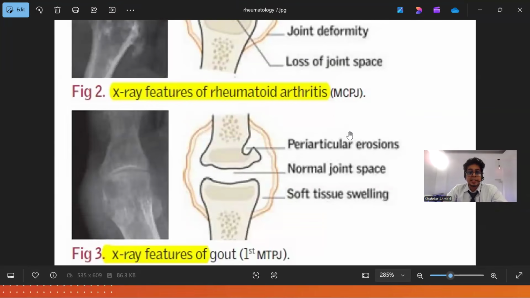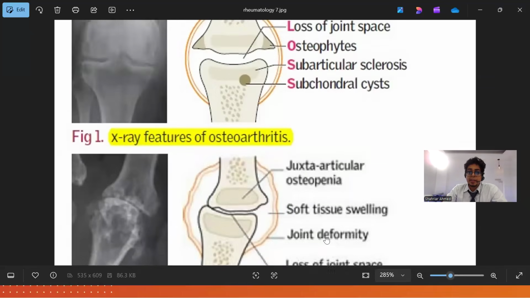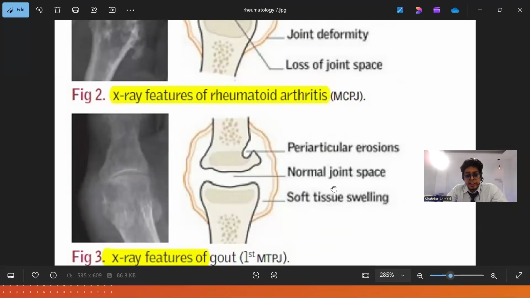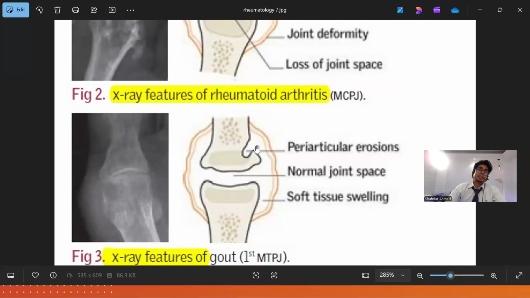The last but not the least, gouty arthritis cases will look similar. But interestingly, this time joint space is normal. I repeat, the joint space is normal, but there will be some erosion. And there can also be swelling. So swelling can be present here, and in this case as well, but here the joint space is normal with some erosive changes.